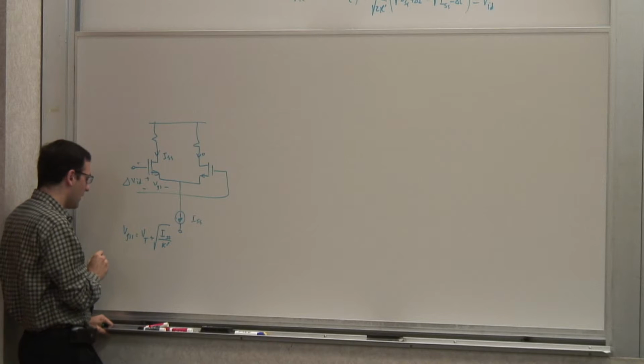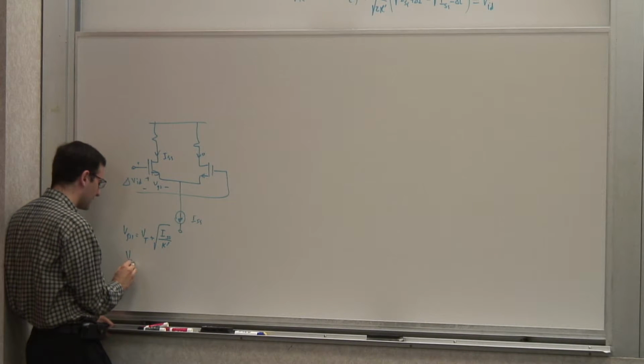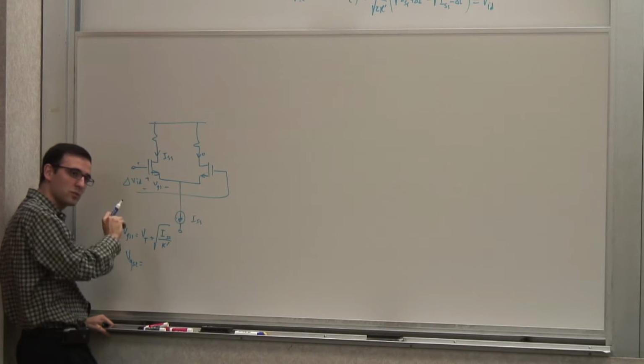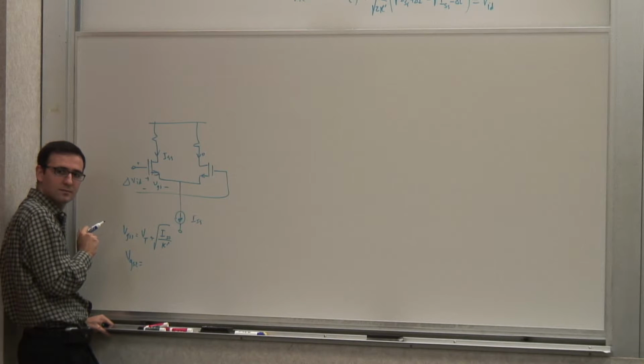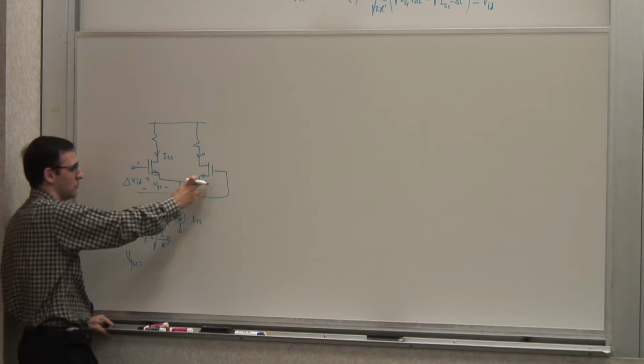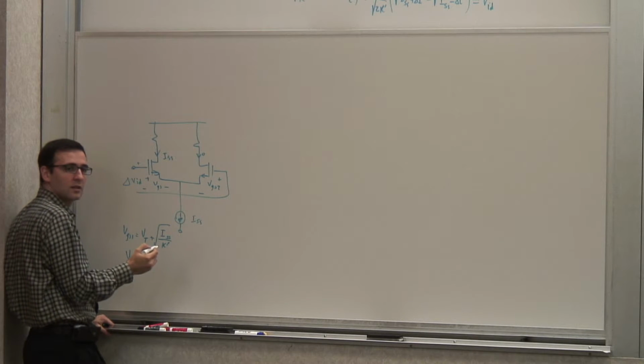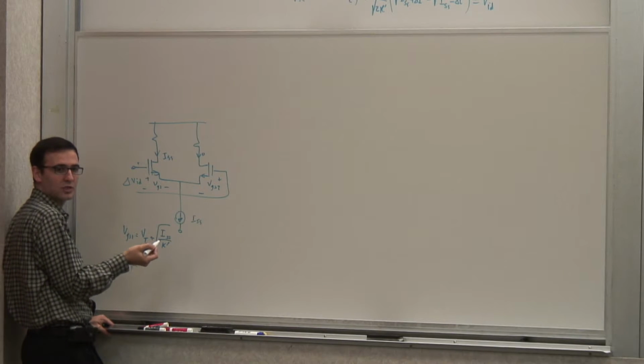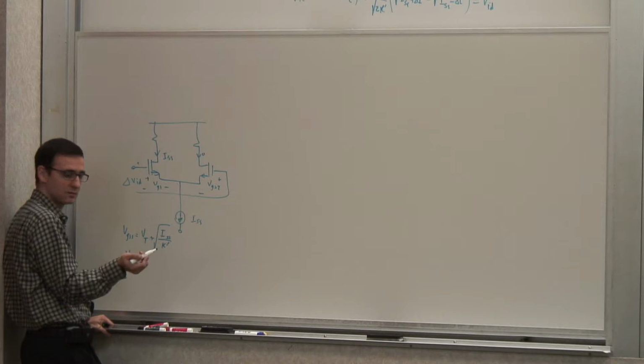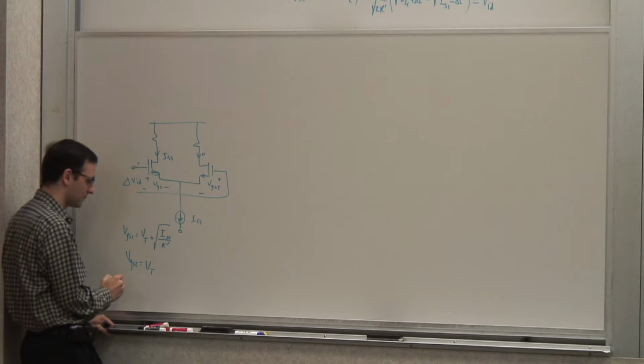Now, what is VGS2 at that point, just when it starts out? It's VT, because you have 0 gate overdrive, so VGS minus VT is 0, and the current is 0.